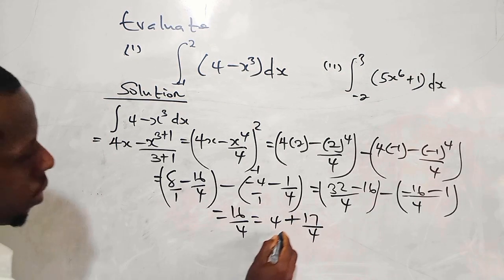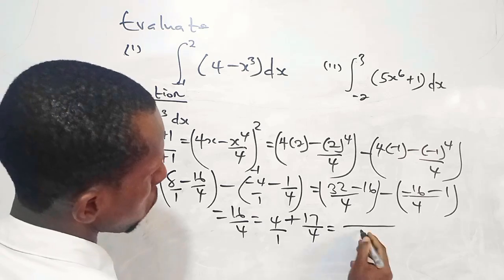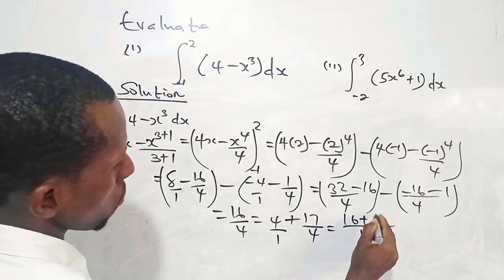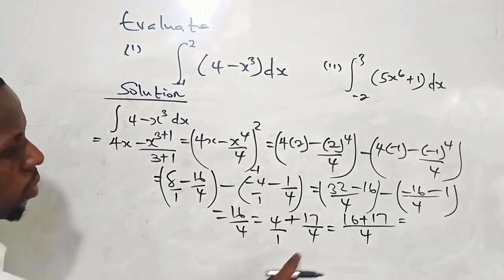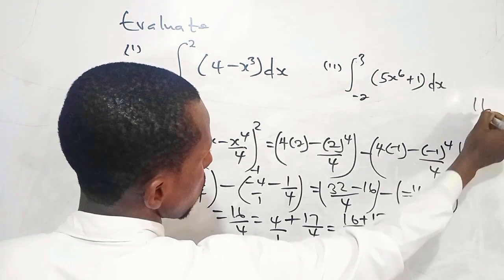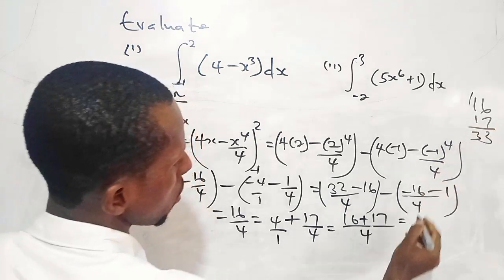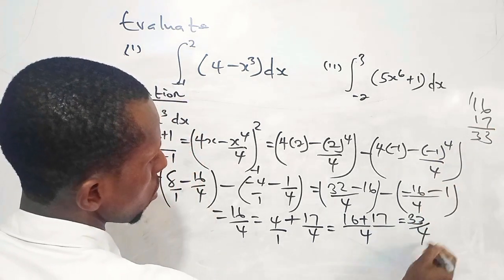Looking for the LCM to be 4, 4 times 4 is 16 plus 17. Adding 16 and 17 together, we have 33 over 4.